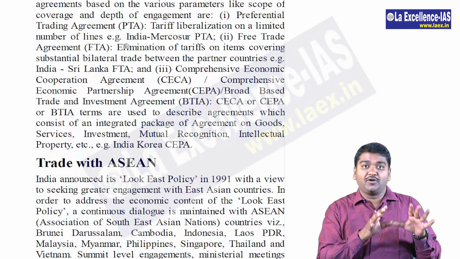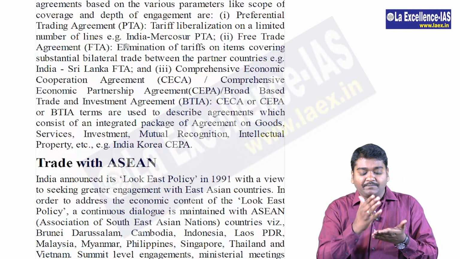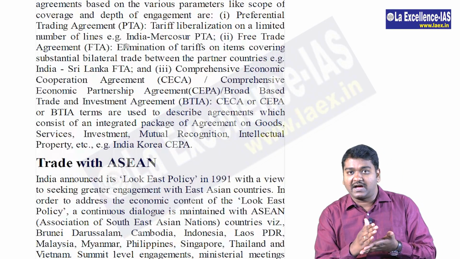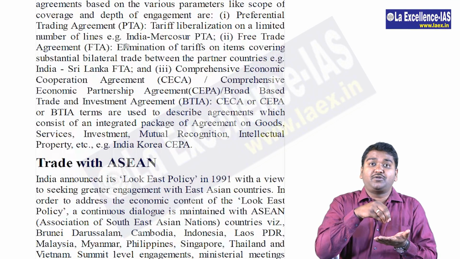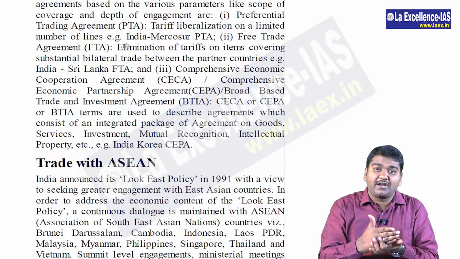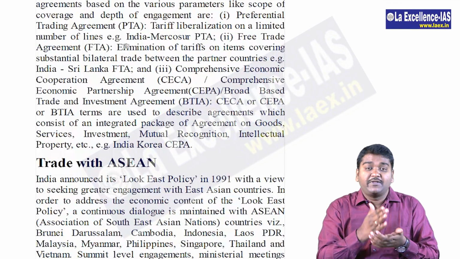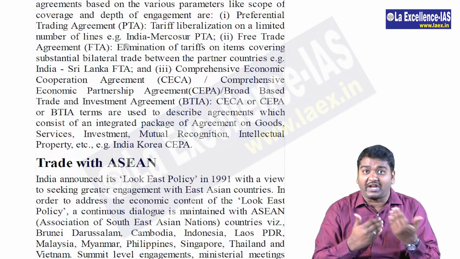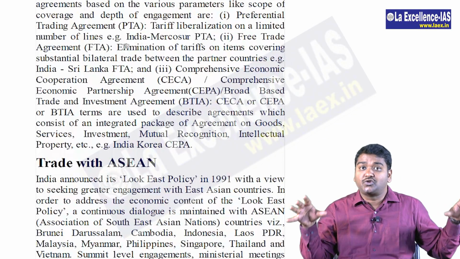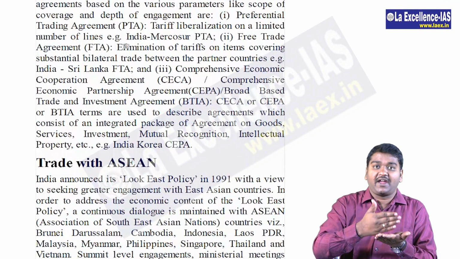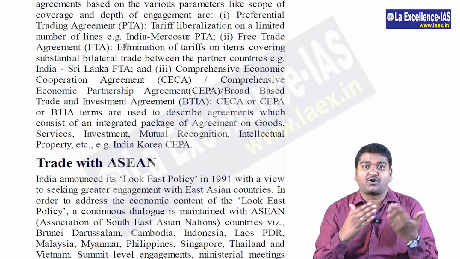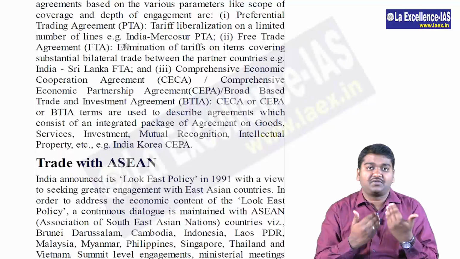Right? After looking at PTA and FTA, there is something called CECA and CEPA as well. That is the Comprehensive Economic Partnership. Here they try to take not only the free trade agreement but also investments. They also talk about exchanging technology. Many things come into the picture in CECA and CEPA. So here we are talking about PTA, FTA, CECA, CEPA based on the relationship we can have with the country.